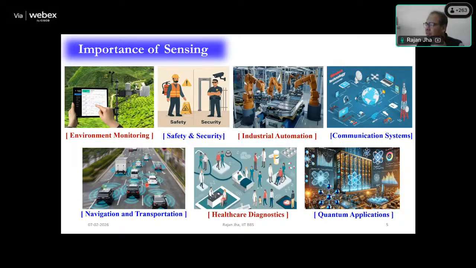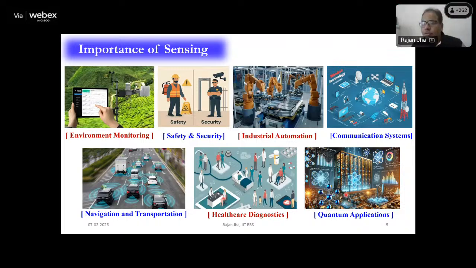Healthcare is one area. Post-COVID, people have become very cautious about it, and there is a lot of research going on in healthcare diagnostics, where different types of sensors, which we also work on in our lab, we call photonic wearables, which can be utilized for human physiological monitoring.